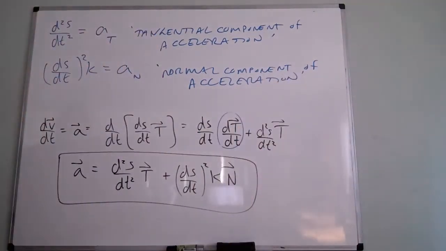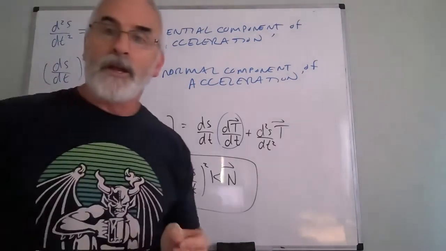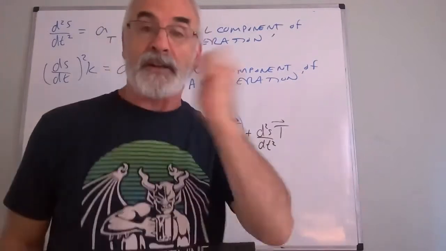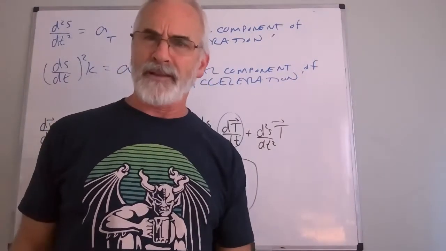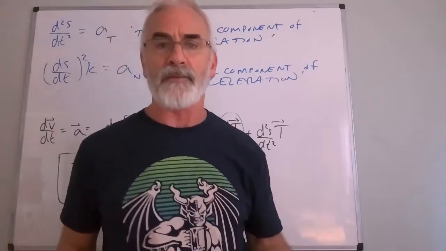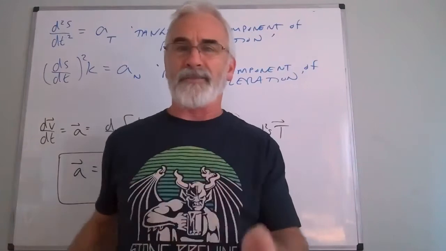So our goal is then to calculate each of these two independently if we can, and then see if we can express this. Now, in this process, we usually don't bother actually finding the specific capital T and the specific capital N. And wait a minute, don't I need to find exactly what the unit tangent is? Yeah, but if I already have the unit tangent and the unit normal, I probably already have the acceleration.